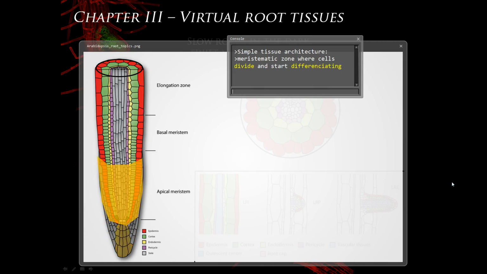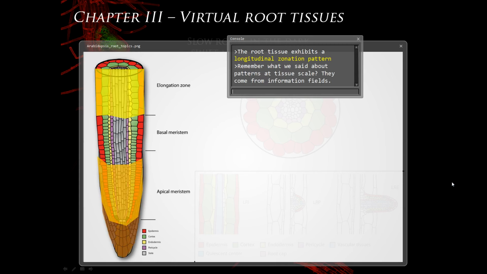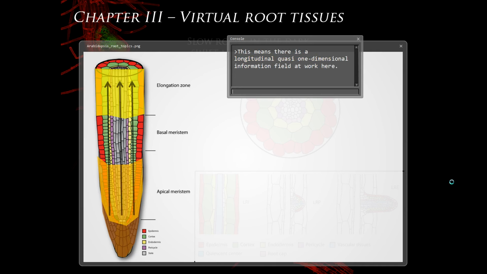If you go up in the root, you'll encounter the meristematic zone where the cells divide and start differentiating, and if you go even further, you'll end up in the elongation zone where the cells are growing. So basically here you see that the root tissue exhibits a longitudinal zonation pattern. And remember what we said about pattern and tissue scale. They come from an information field, which means that there is a kind of longitudinal, quasi-one-dimensional information field at work here.